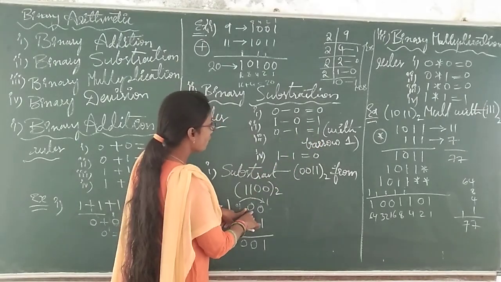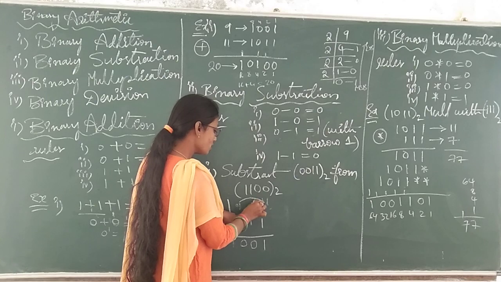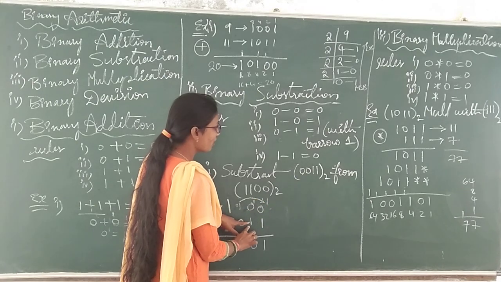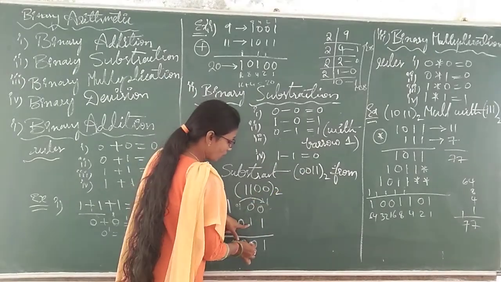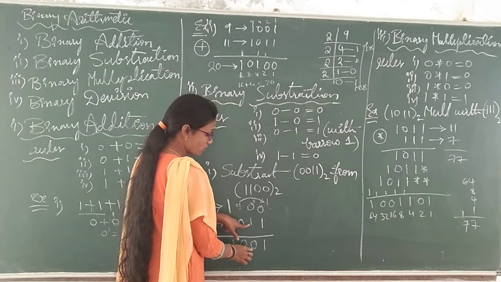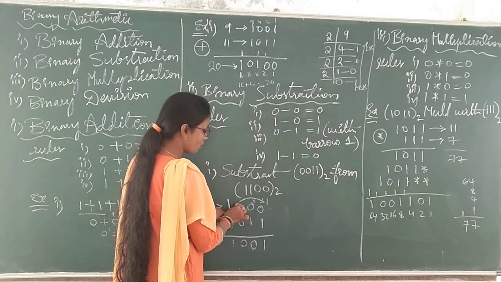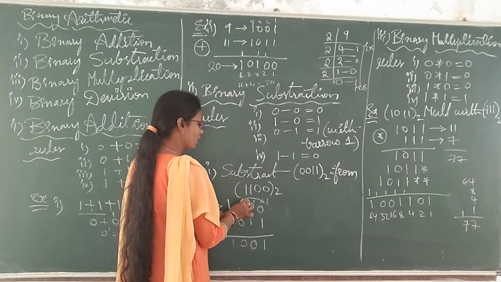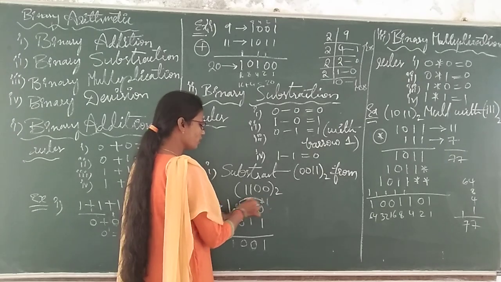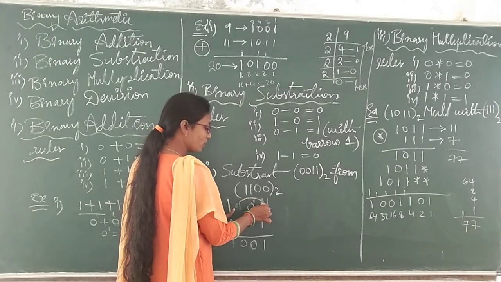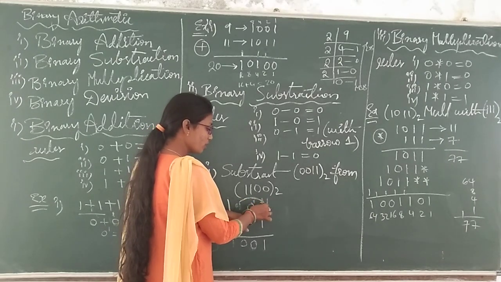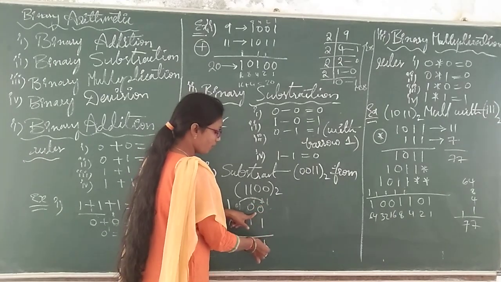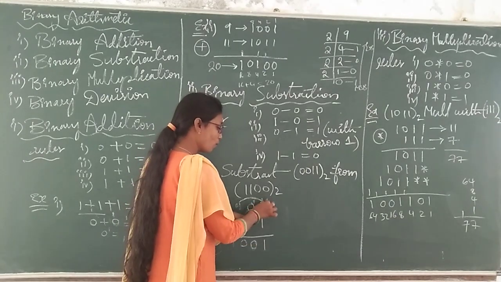Next one is here. This borrow is here. The 1 minus 1 is equal to 0. Here 0 is there now. After giving this borrow, that 1 with borrow is 1. 0 minus 1 equals 1 with borrow 1.